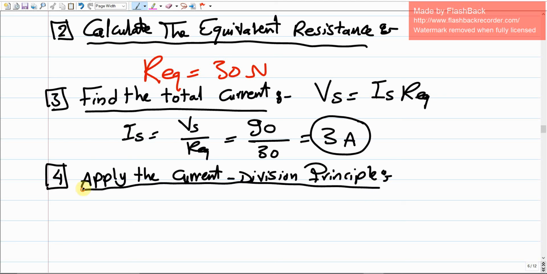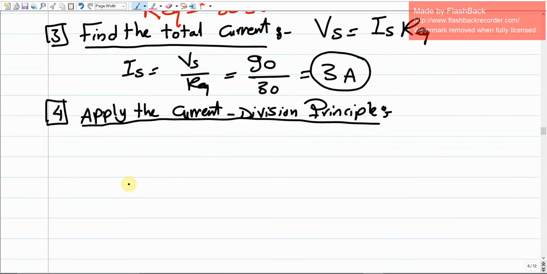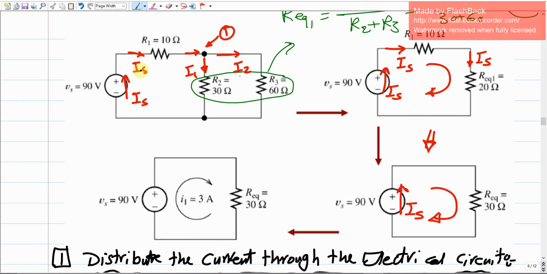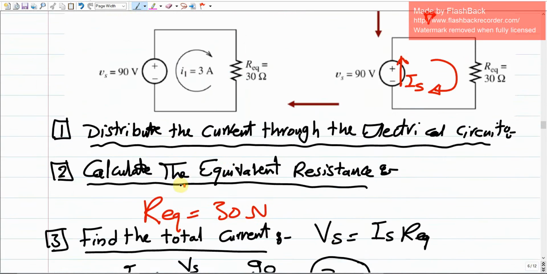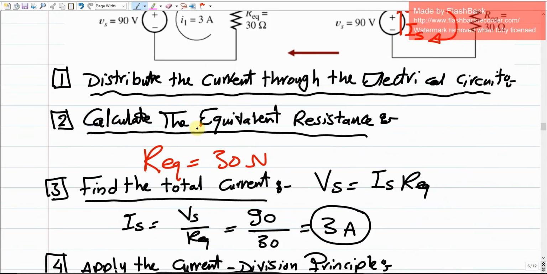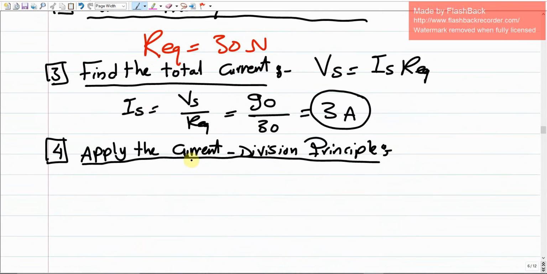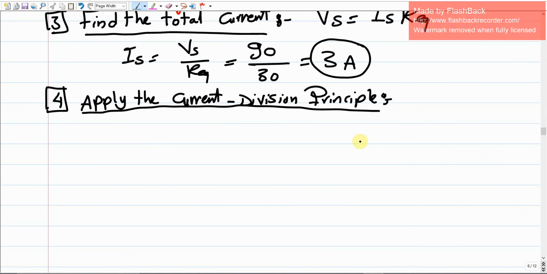According to the current division principle, what does it mean? It means that according to this electrical circuit, I have the total current IS, which has been divided into I1 and I2 over R2 and R3. If we draw this one, we have IS, which at this node has been divided over 2 resistances.